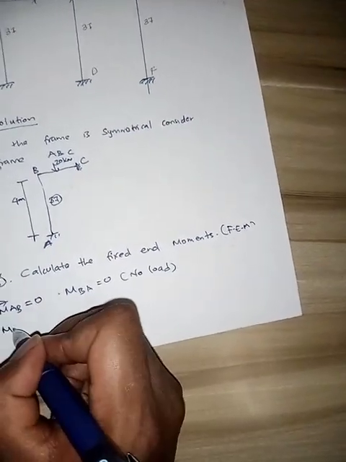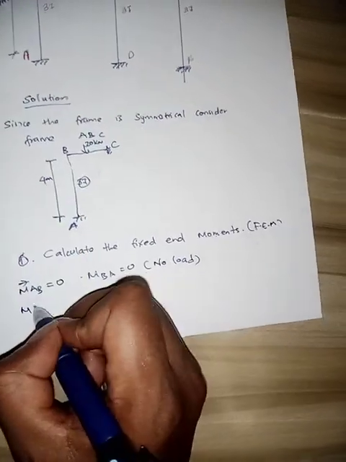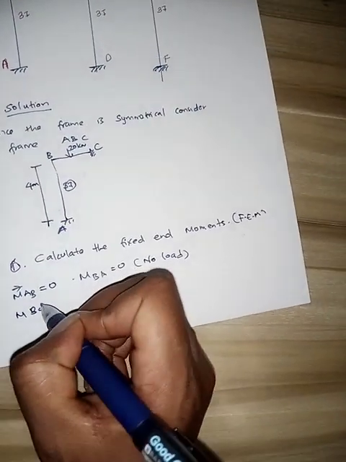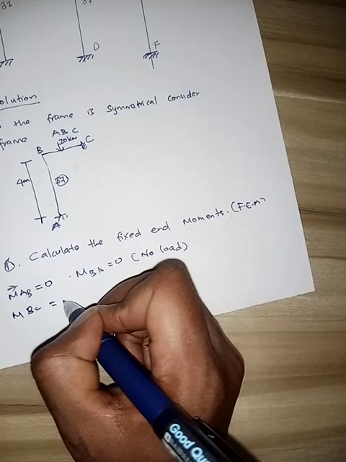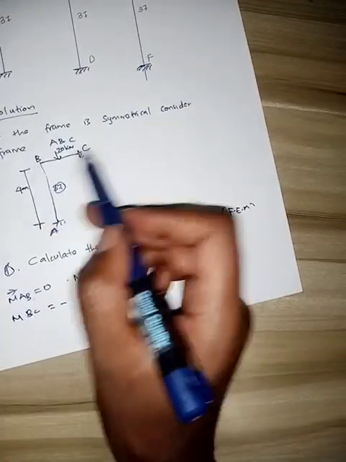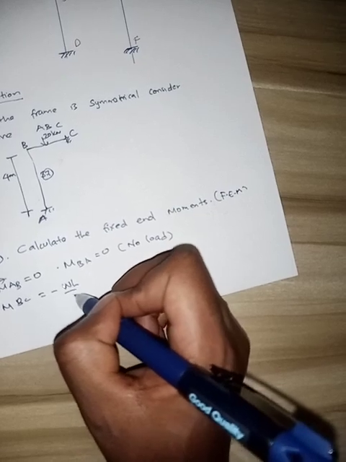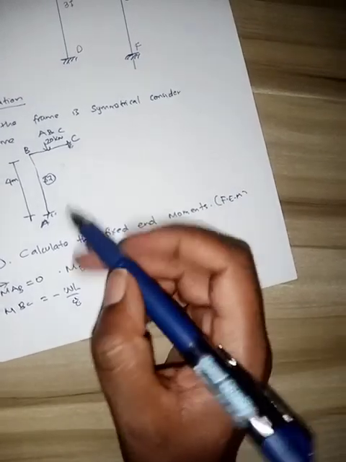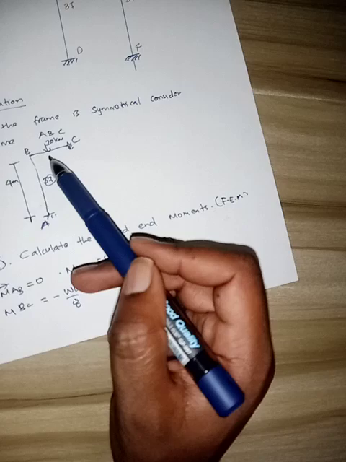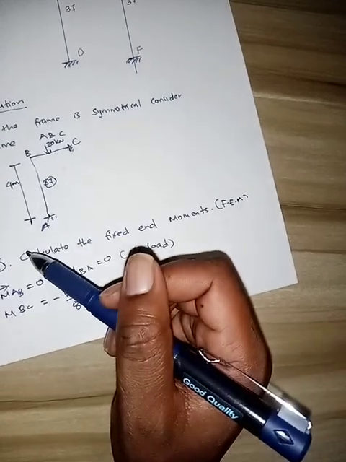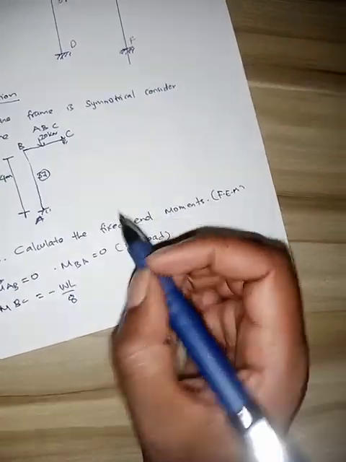So MBC is this one. We have a point load. So again, I'm taking my sign conventions. Clockwise moments are positive and anticlockwise moments are negative.